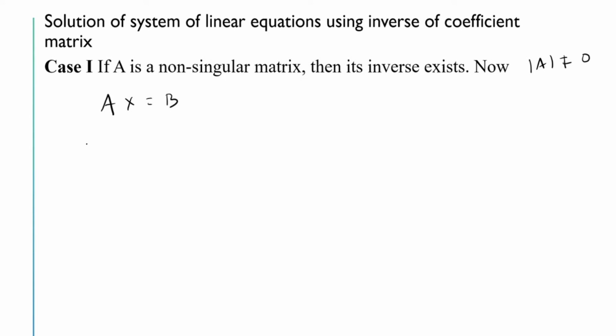Here we can multiply both sides by A inverse. So A inverse into AX is equal to A inverse into B, pre-multiplying by A inverse.